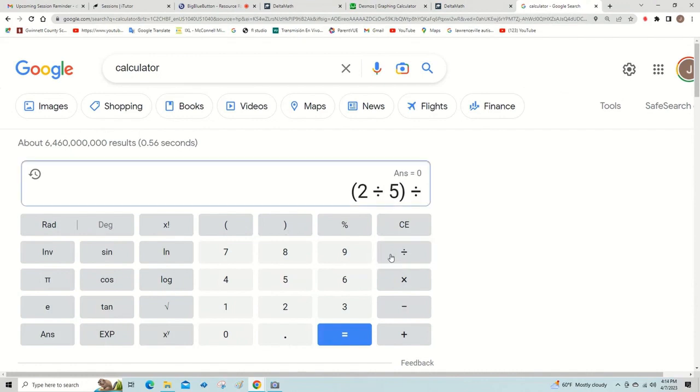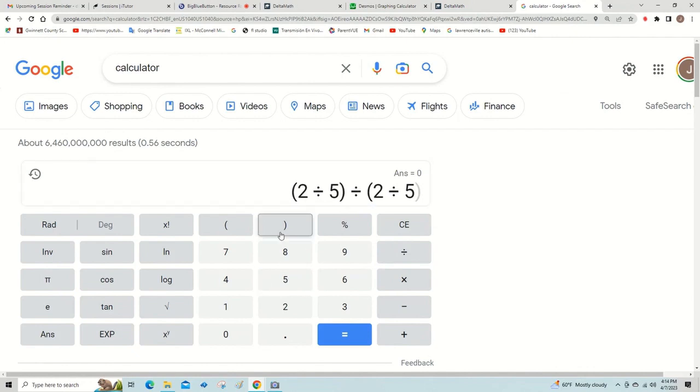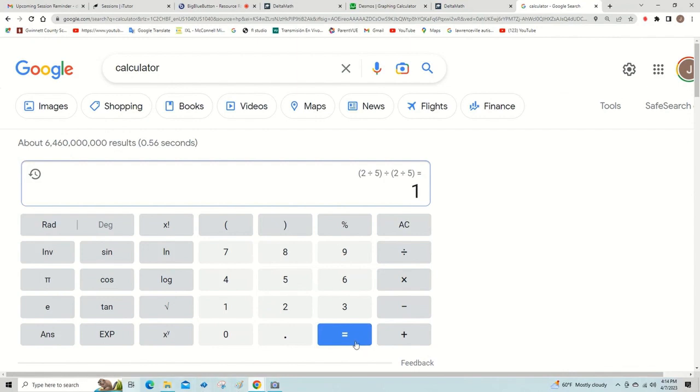And we're going to divide by parentheses 2 divided by 5. There are other calculators that actually have a fraction, but that's 2/5 divided by 2/5. And if that doesn't equal 1, I'm going to send you $100,000 in the mail. Holy cow, it equals 1.